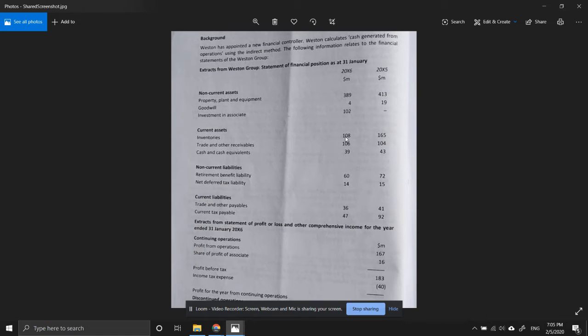But the disposal has already happened at 31st July, right? So this figure does not include the inventory for the disposed of subsidiary. So we need to add it up so that it can be comparable with this figure. This figure already includes it. That's why we need to subtract it. That's why we need to add it to this figure.